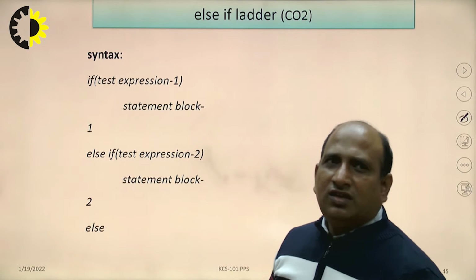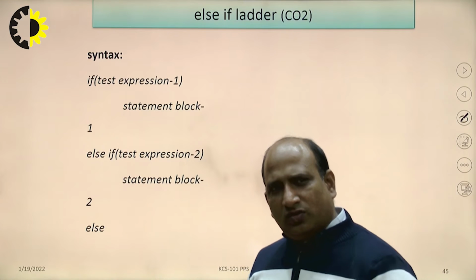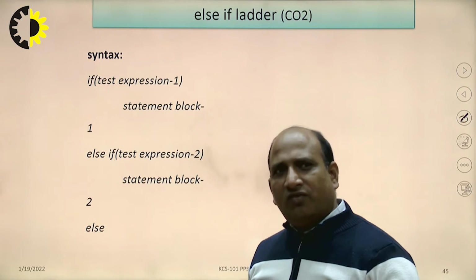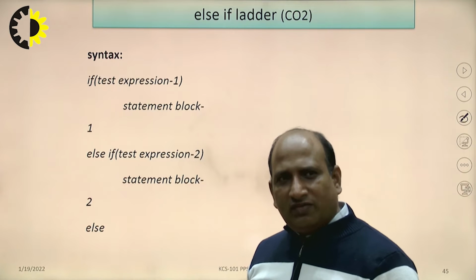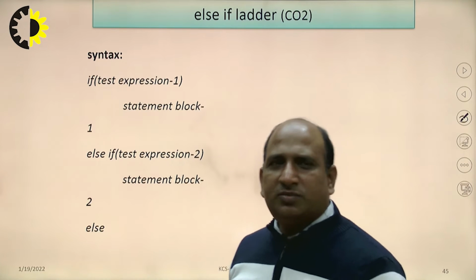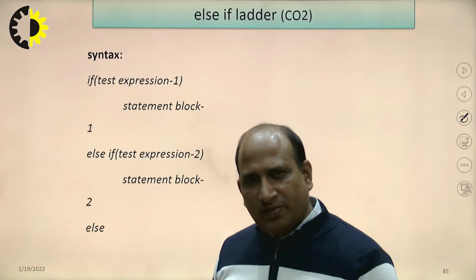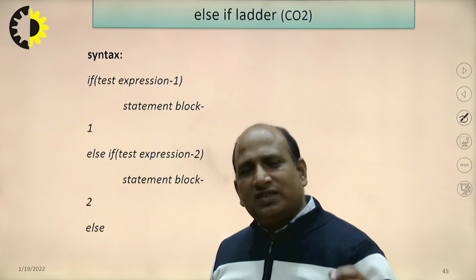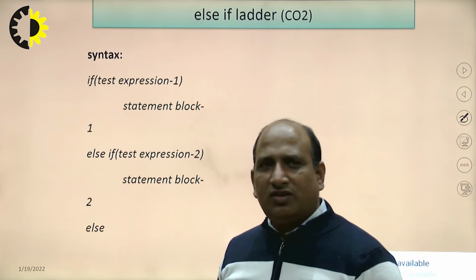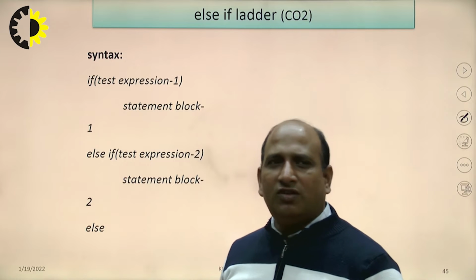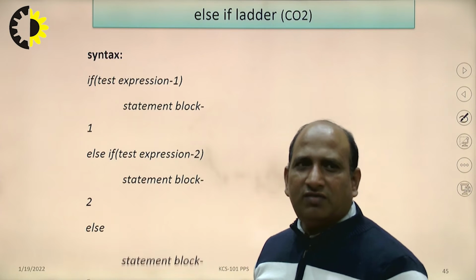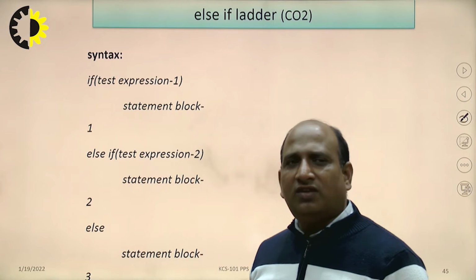Otherwise, if we want to continue, we can go to another else if and test expression 3 may be evaluated. And at last, when we want to execute something by default, that part will be put in the last else.